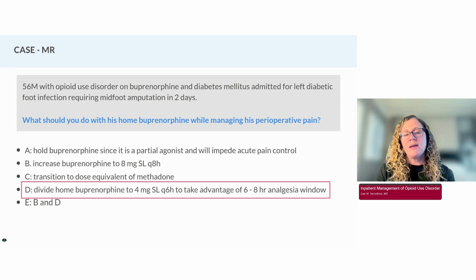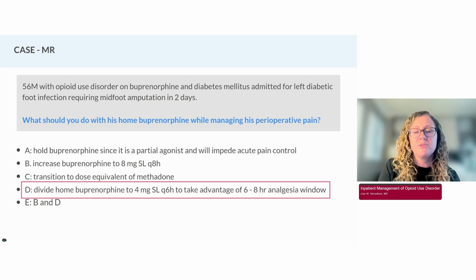And if we do reduce the dose, we will open up some of those mu receptors, but it's very important that if we try that strategy, we are not reducing the buprenorphine dose to less than 8 milligrams in a day. If we keep somebody on 8 milligrams at minimum, then they will not run the risk of needing a reinitiation of buprenorphine at the time of discharge. But for the most part, we want to keep the home dose the same within a 24-hour period.